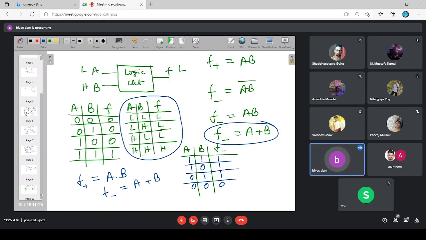So a pointer, you keep it in mind. Whatever logic expression is given to you in the positive logic system, if you are asked to find out the logic expression under the negative logic system, you have to simply find out the dual of that expression. That will be the negative logic expression.